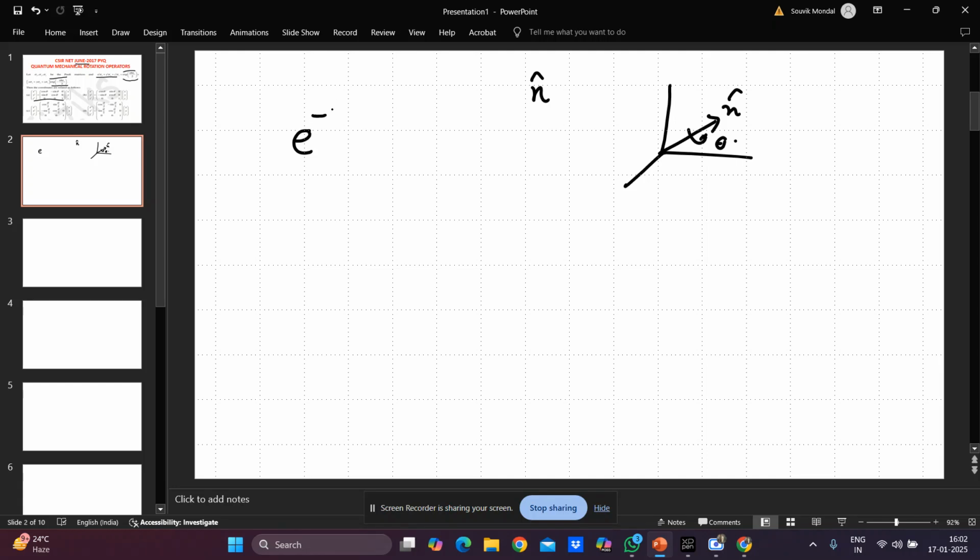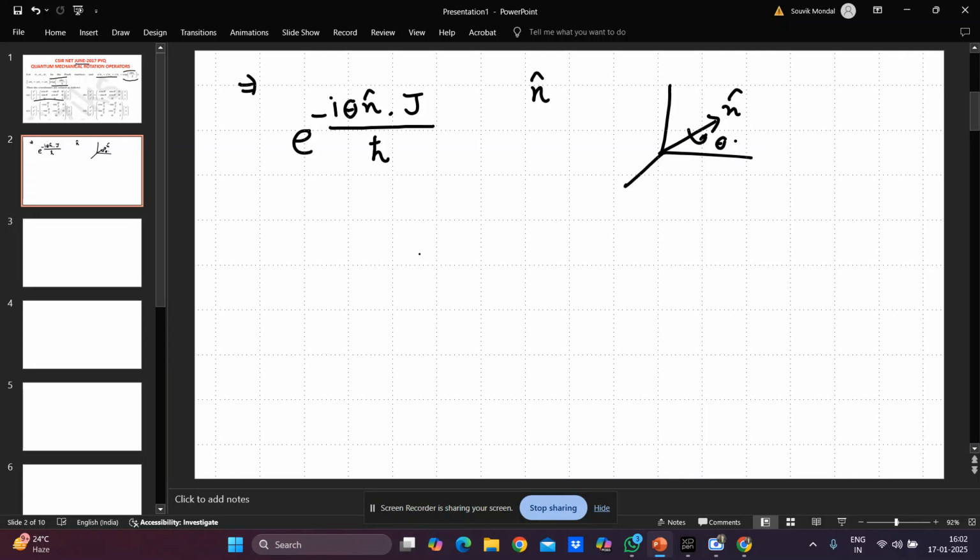The rotation operator is e to the power minus i theta n hat dot J divided by h cross, because you are giving this rotation in the n hat direction, where J is the angular momentum. So this is the basic rotation operator. You should remember this formula. And how does it come?